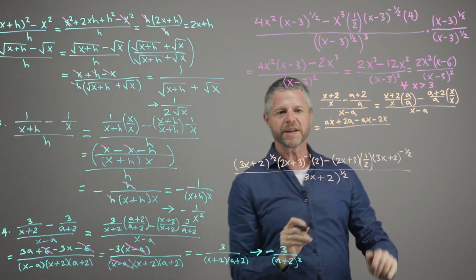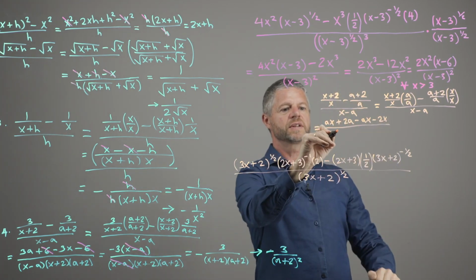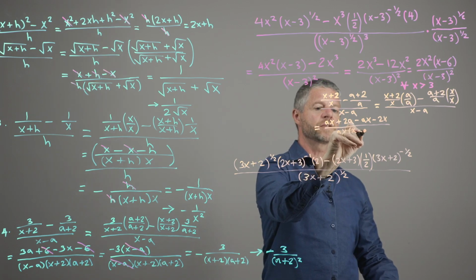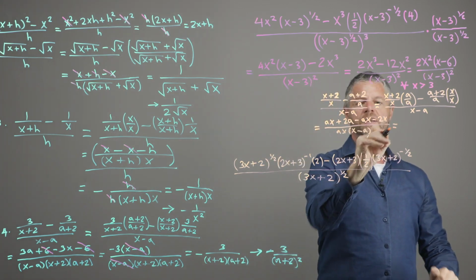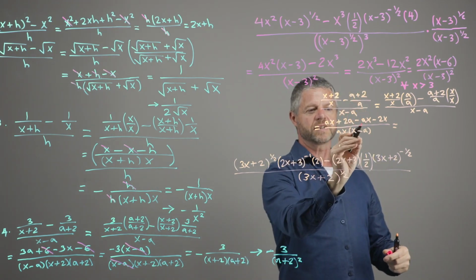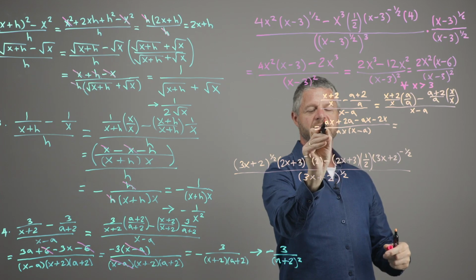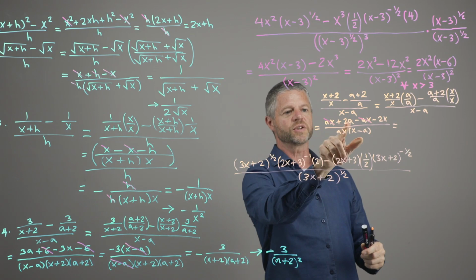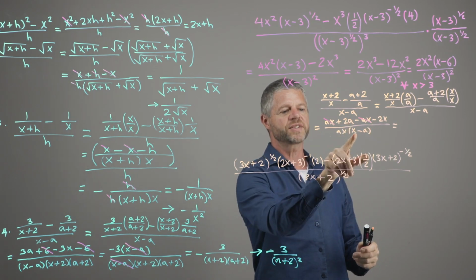And then in my denominator, I've got a, x, and x minus a. Okay, so I can see that the ax minus ax will cancel, and I've got 2a minus 2x.